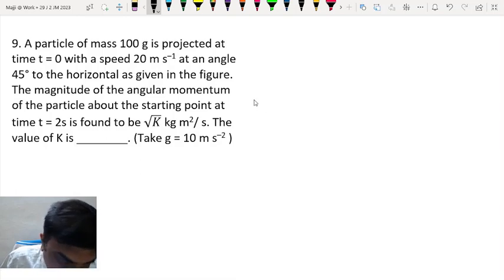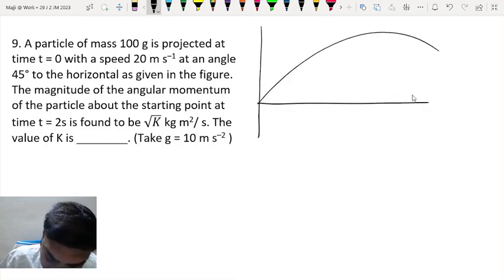So just a brief description of the situation through the diagram. The particle has been projected at t equal to 0 with a speed equal to 20 meters per second at an angle theta equal to 45 degrees.